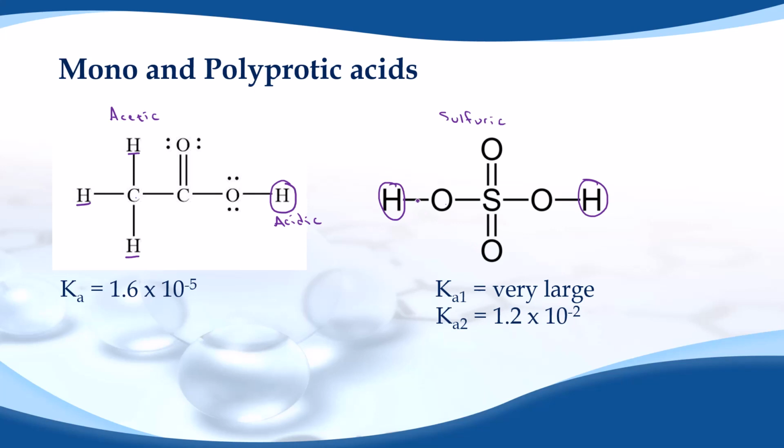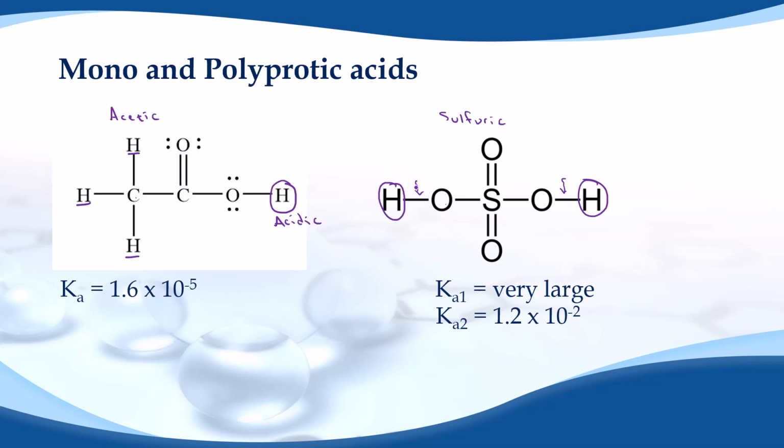That makes this bond and this bond both highly polar. In fact, breaking the first bond is so easy that the reaction essentially goes to completion, which means there's virtually no reactant left over. The equilibrium constant is very, very large, which is why we have that down here.